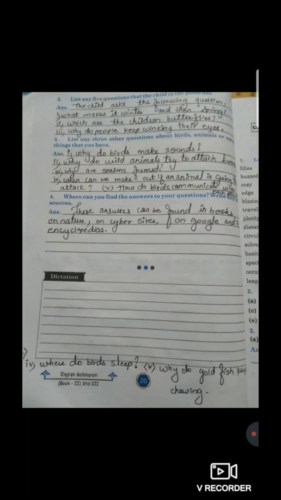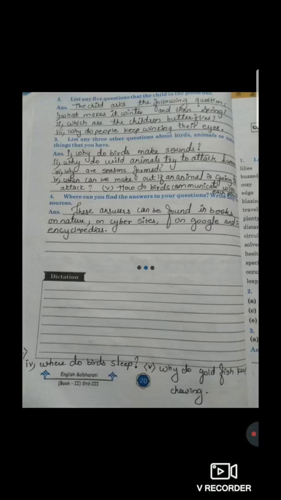And the fourth one, when can we make out if an animal is going to attack? Fifth one, how do birds communicate with each other? So students, we have completed question number 3 also. Now move to the next question, question number 4.